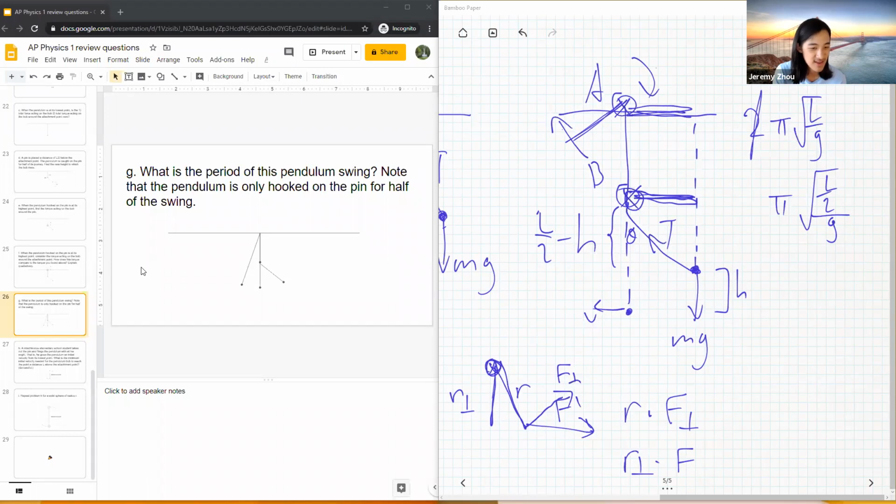And now finally, oh, there are 2 more questions. Anyone have questions about this one? The 2 is inside the square root.